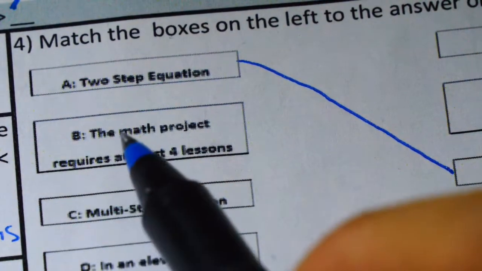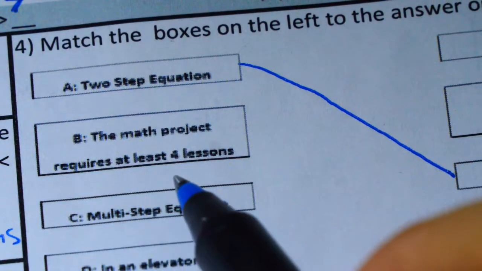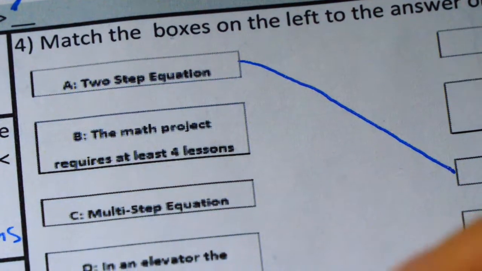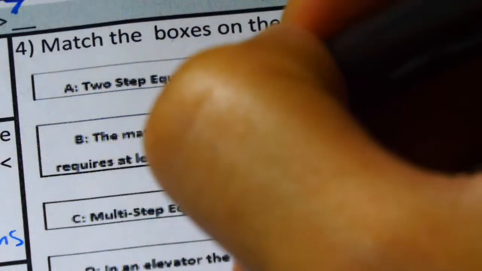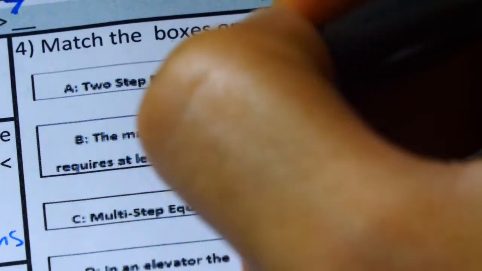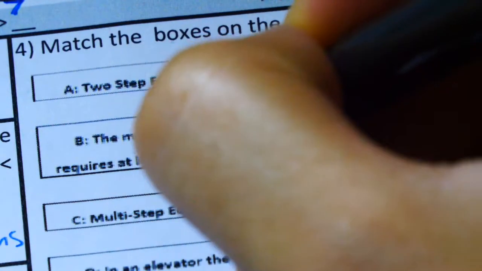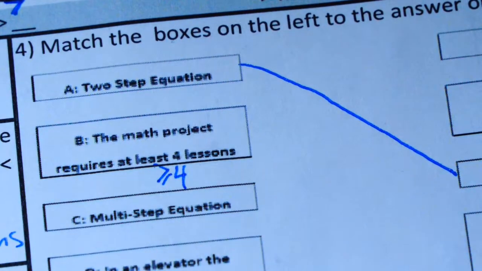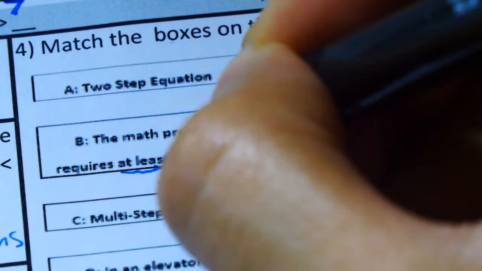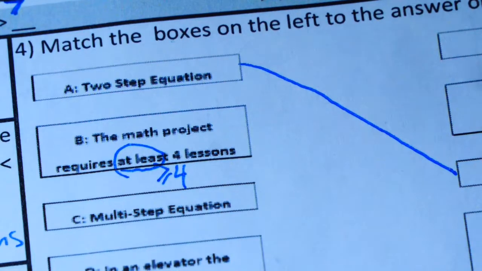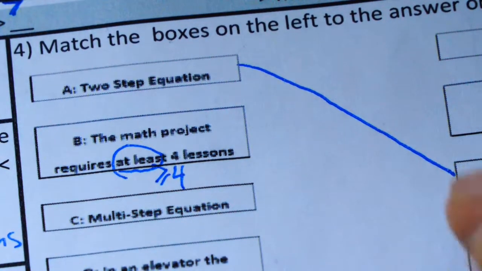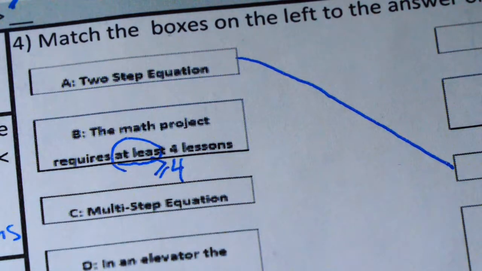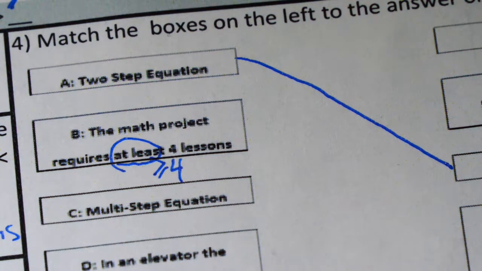The math project requires at least 4 lessons. So at least 4 means 4 or more. More than or equal to 4. Just like I said before, if you have to be at least 18 years old to drive in the UAE, it means 18 or more.